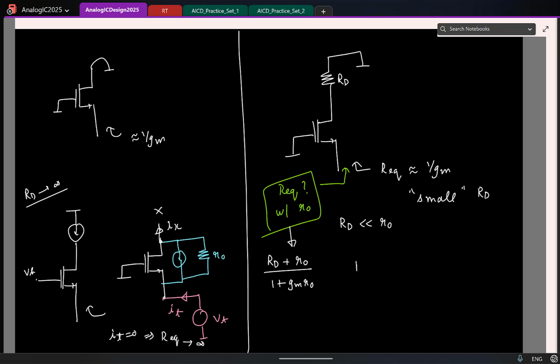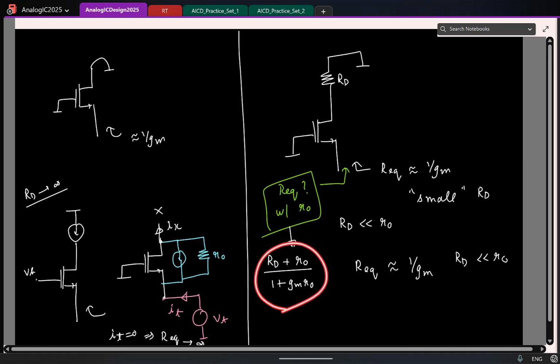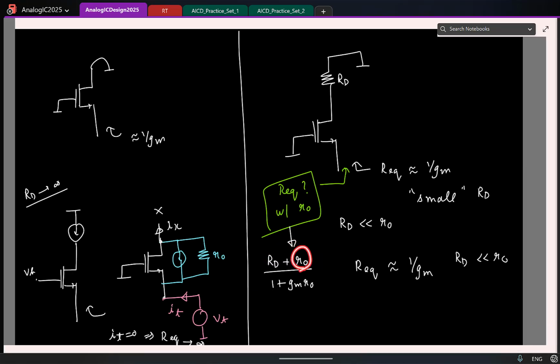So the equivalent resistance is approximately 1 by gm if my RD is much smaller than R0. Which means if R0 is infinity, what can you say from this expression? This term will dominate, and we can always say it's 1 by gm.